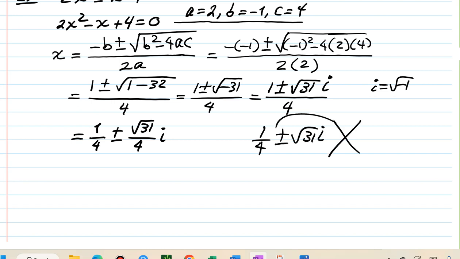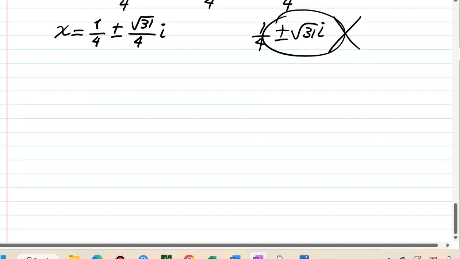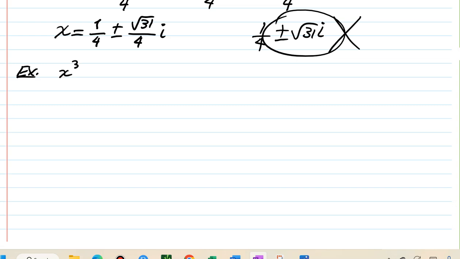This is wrong, because the 1 and root 31, both terms divide by 4, not just one of them. Both terms in the numerator do. All right, and there we have two complex solutions. All right, hopefully you follow this one. Let's try another example. In our next example, I'm going to do x cubed plus 8 equals 0.